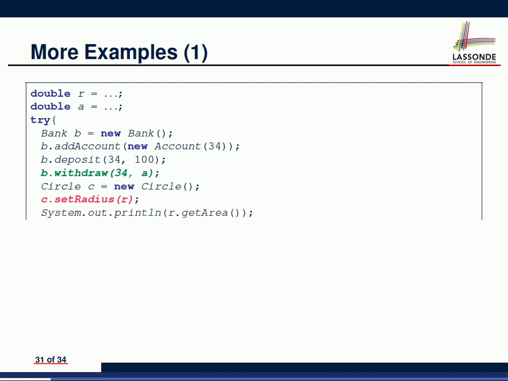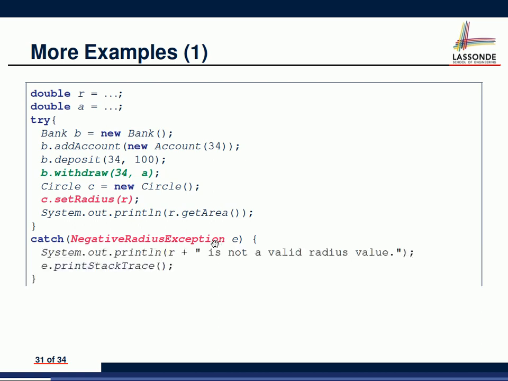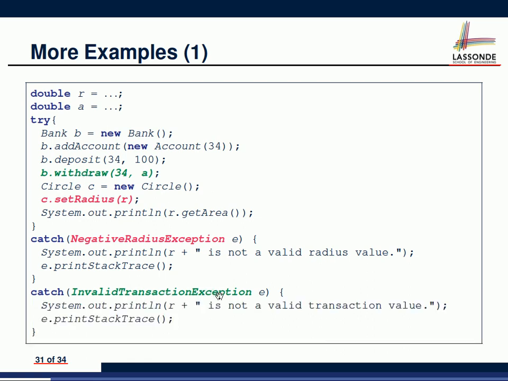So you can see that over here. One is caught if somehow this particular line throws a negative value exception. Catch that and then do something about it. Otherwise, if this green line here, withdraw, throws the invalid transaction exception, do something about it. In this case, the order of the catch blocks doesn't really matter because the two exception classes have nothing to do with each other.